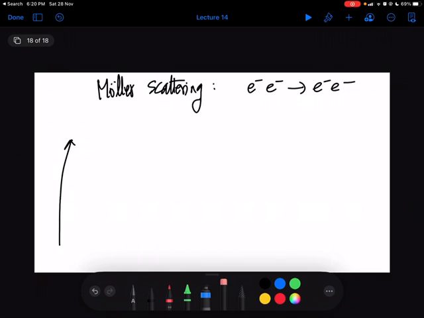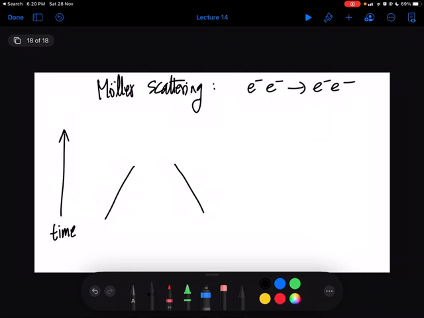Let's try to draw this, and then I'll write down the Feynman rules. So let's say that this is the time direction. This helps us for thinking actually.